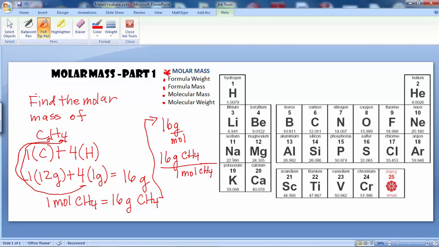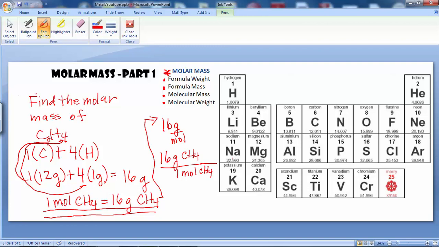We learned from chapter 1 that anytime we have an equivalent statement or an equation, we can use that as a conversion factor. This is very important because we will be going from grams of a compound to moles of a compound, and from moles of a compound to grams of a compound, and from moles of a compound to the number of molecules of a compound.